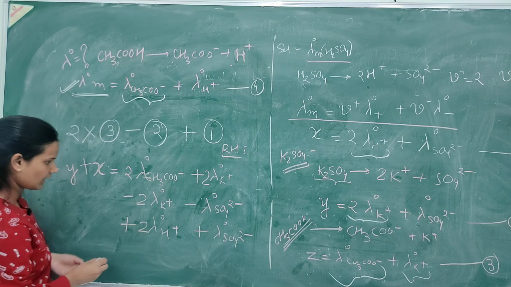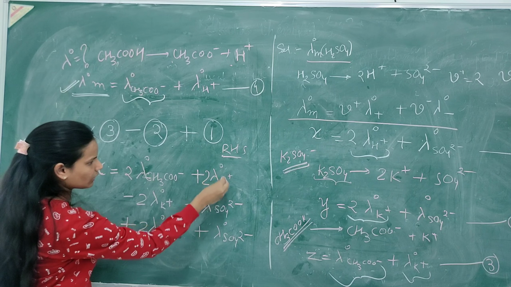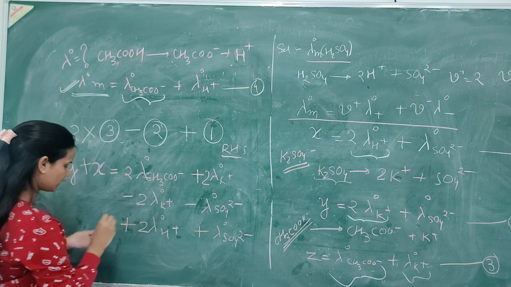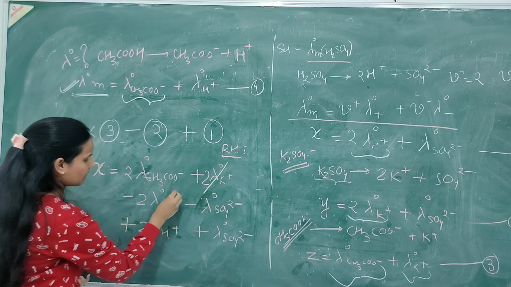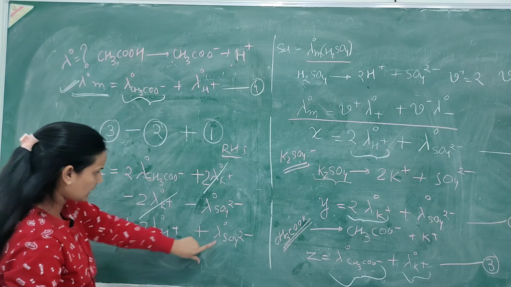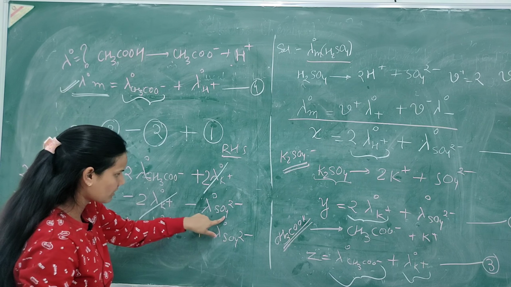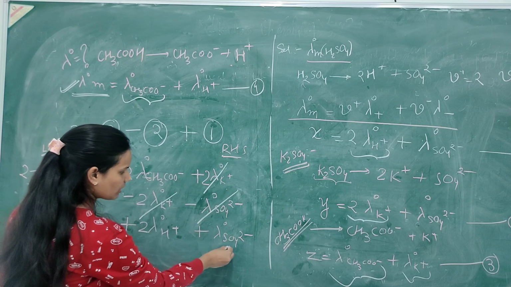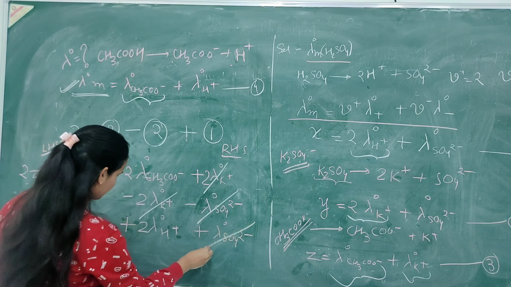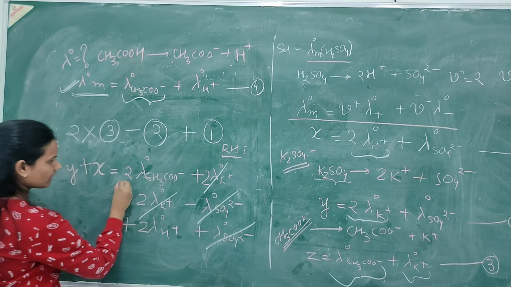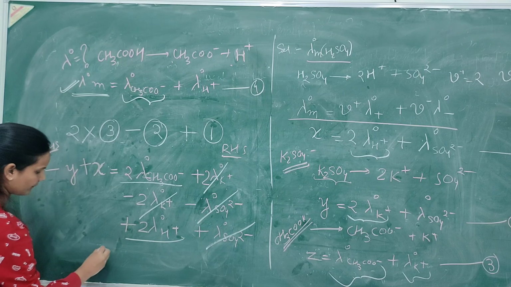I can see this is 2 lambda naught K positive, 2 lambda naught K positive. I can cut them simply. This is lambda naught of SO4 2 negative, lambda naught of SO4 2 negative, so I can cut them. What is left? This value and this value.